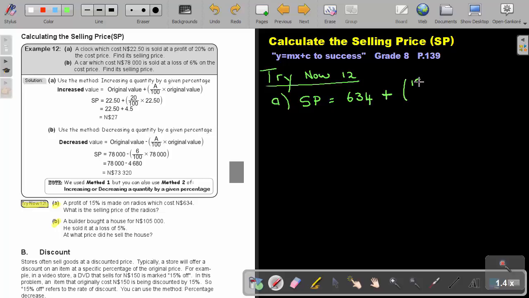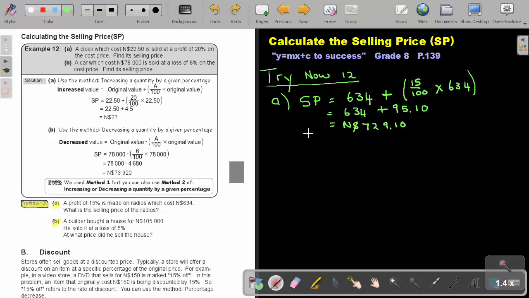We're just going to work out what is 15% of 634, and that 15% will be 95.10. If I add it up, the selling price will be 729.10 Namibian dollar.